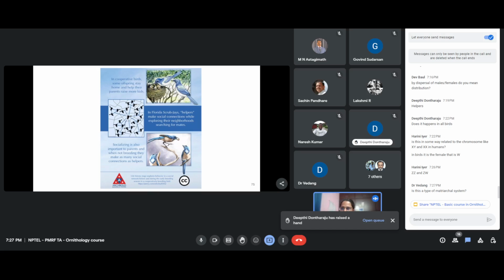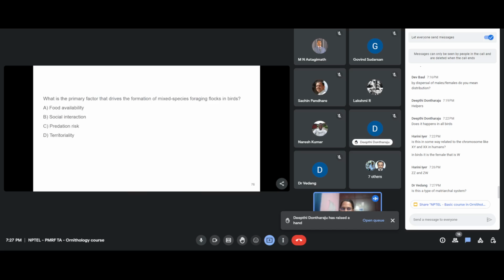Okay, so I'm going to go on to the next question. What is the primary factor that drives the formation of a mixed species foraging flock in birds?